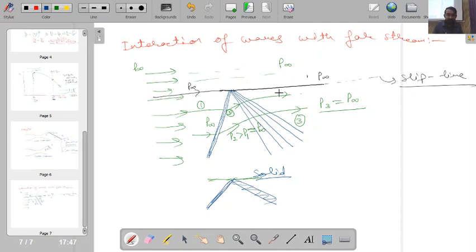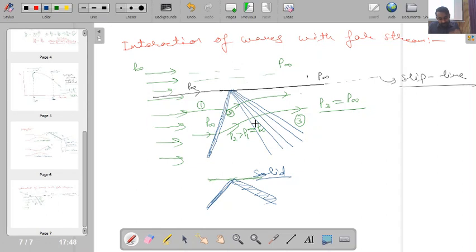But if you have a free boundary or far stream, and your shock wave is interacting with the far stream, it will reflect back in the form of an expansion fan. Is this point clear? Okay, this is important to understand.